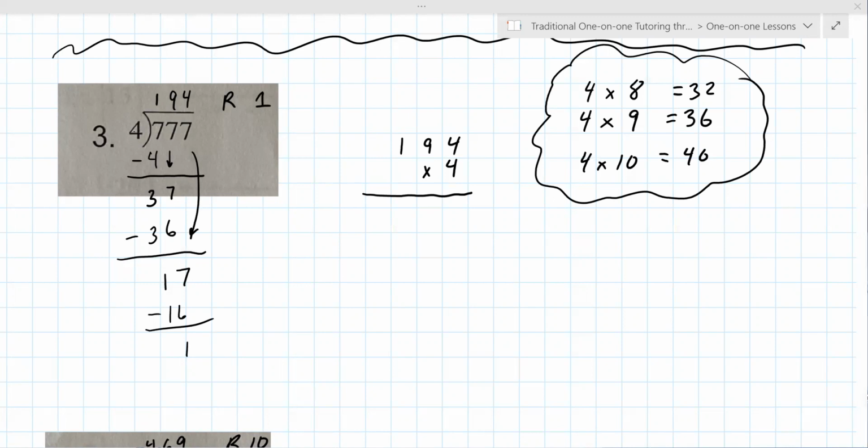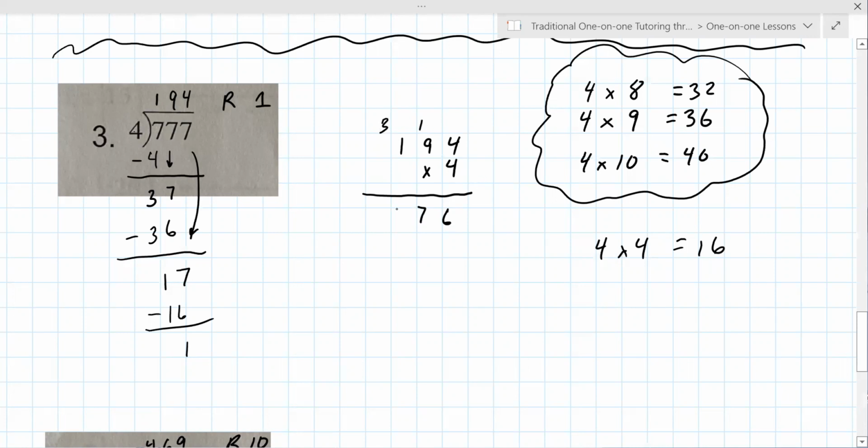Okay, let's do it. 4 times 4 is 16. You put 6, carry the 1. 4 times 9 is 36, so you add the 1, that'd be 37.